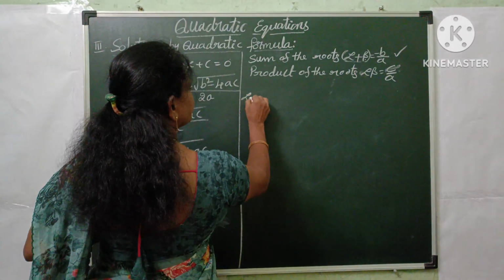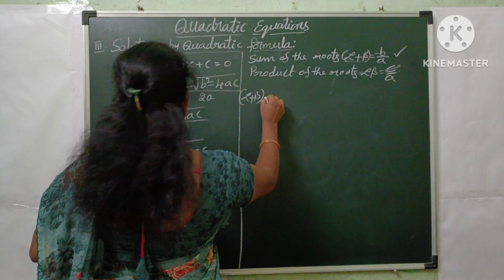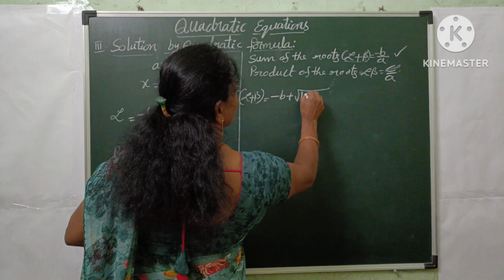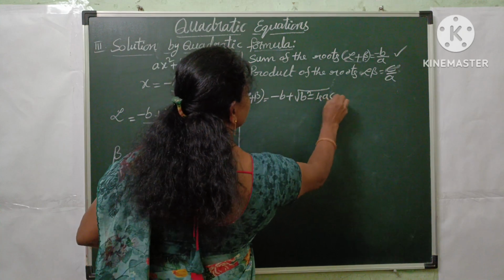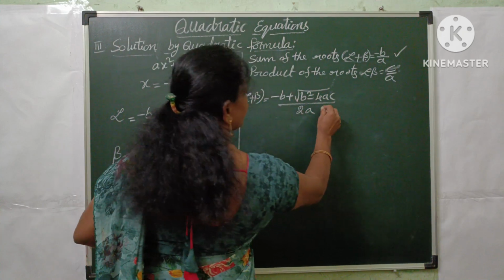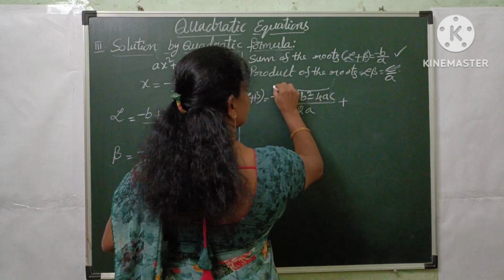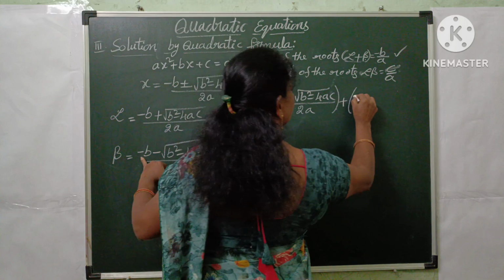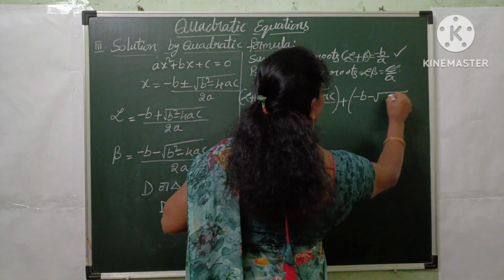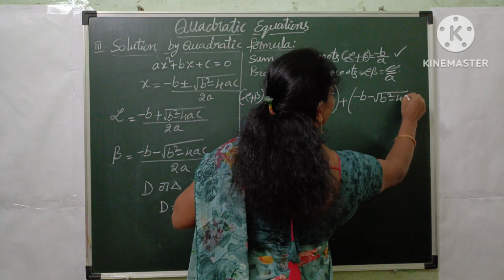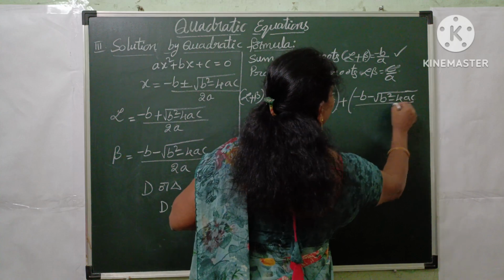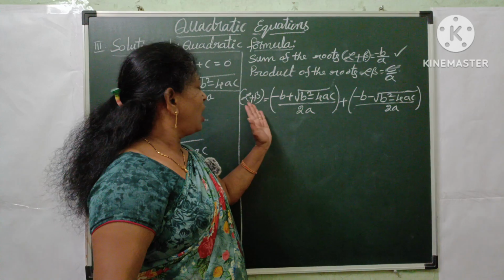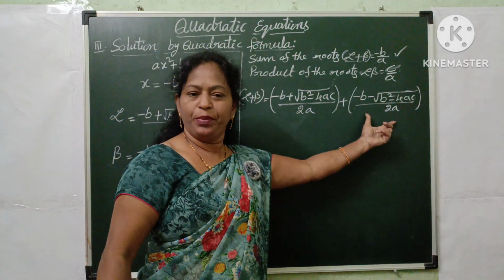So alpha plus beta equal to minus b plus square root of b square minus 4ac by 2a, plus the next root, minus b minus square root of b square minus 4ac by 2a. Right. Here alpha plus beta, this is the alpha and beta.